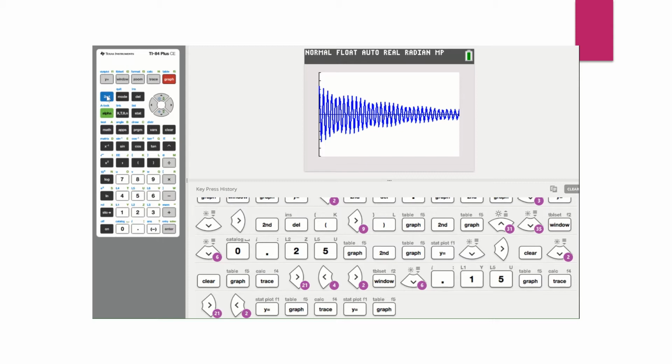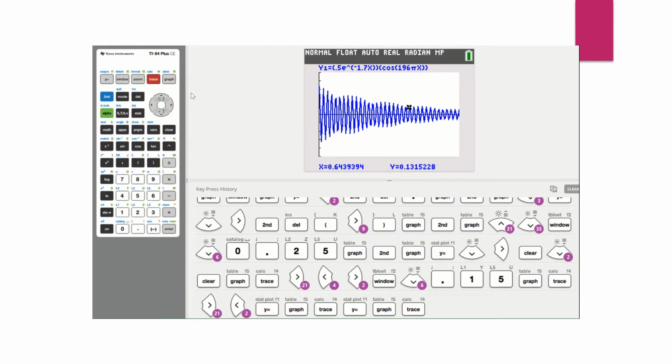Now, what we're looking for is where we're oscillating between negative 0.15 and 0.15. So I'm going to go to the trace feature. You can see right here x is equal to 0.64 when y is equal to 0.131.